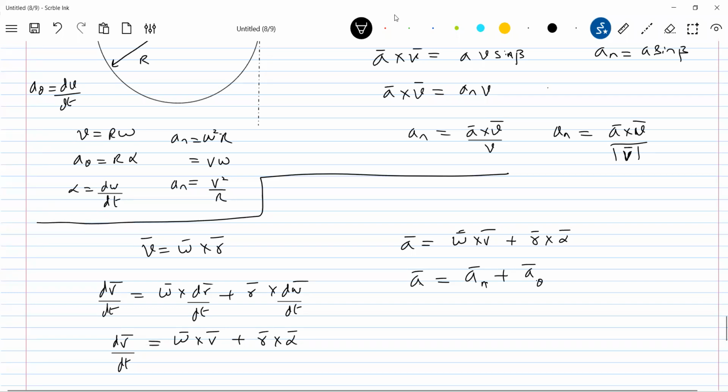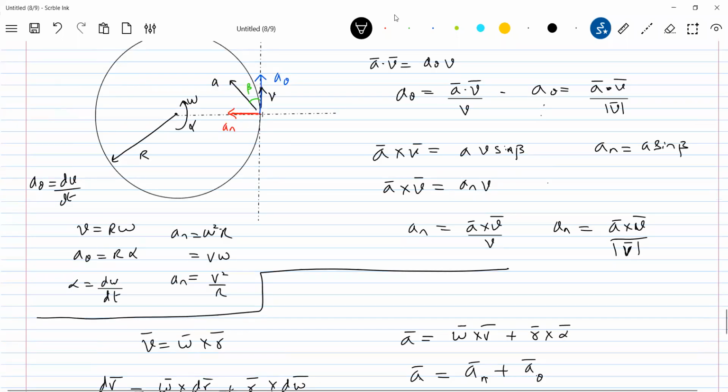So there's a way of showing it in the vector form. You do come across various types of numericals and different situations. If they give vector form, these are the different ways of expressing things. So what is A normal? Can you also write in vector form? A normal is omega cross V, you have to take it. So what is the direction of A normal here, like this? Alpha is out of the plane. You can check it, omega cross V.